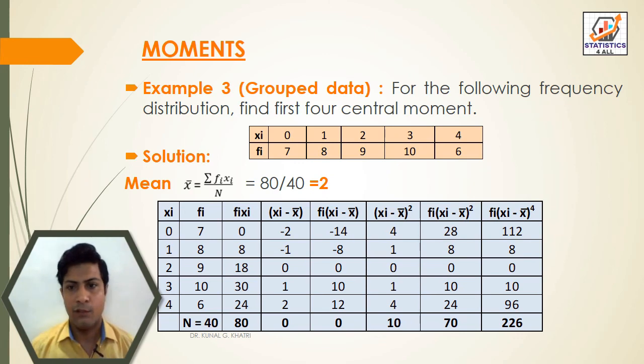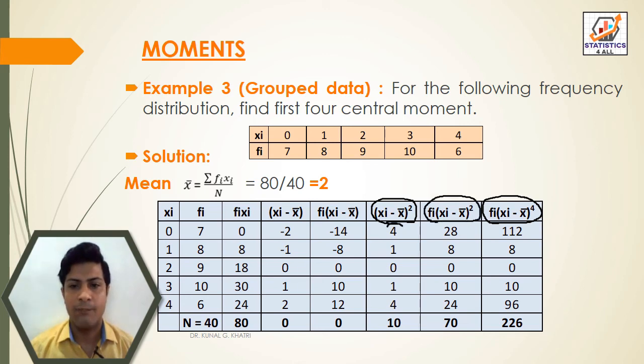For the fourth central moment, we first have to find fi into (xi minus x bar) raised to power 4. For that, we have to multiply (xi minus x bar) whole square into fi into (xi minus x bar) whole square.